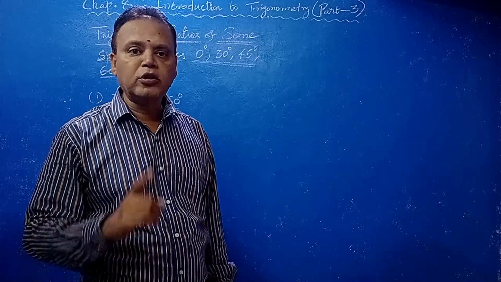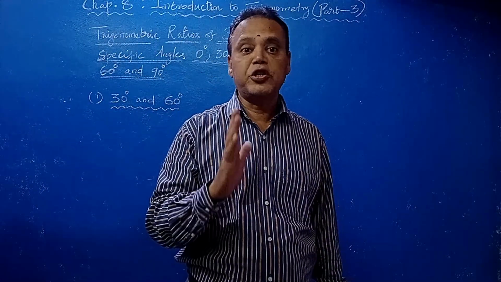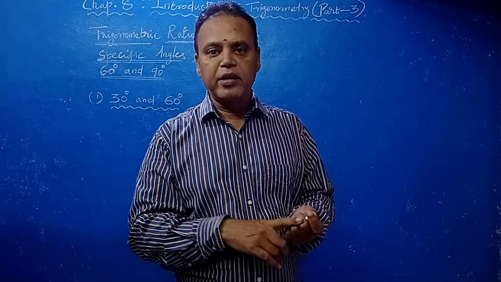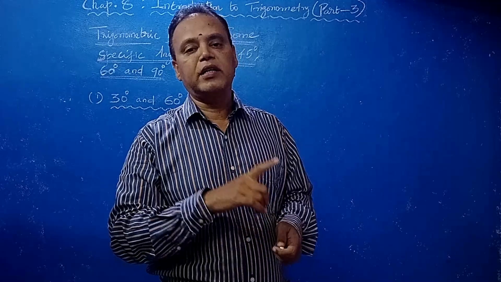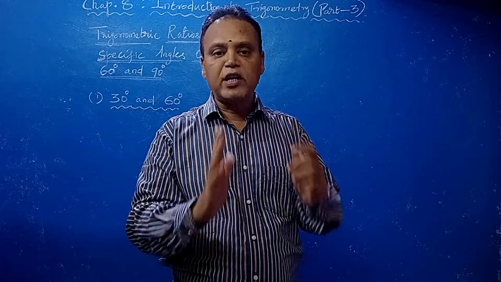In Part 1 and Part 2, we have studied a very important topic, that is trigonometric ratios: sin theta, cos theta, tan theta, cosec theta, sec theta and cot theta. That is fundamental.